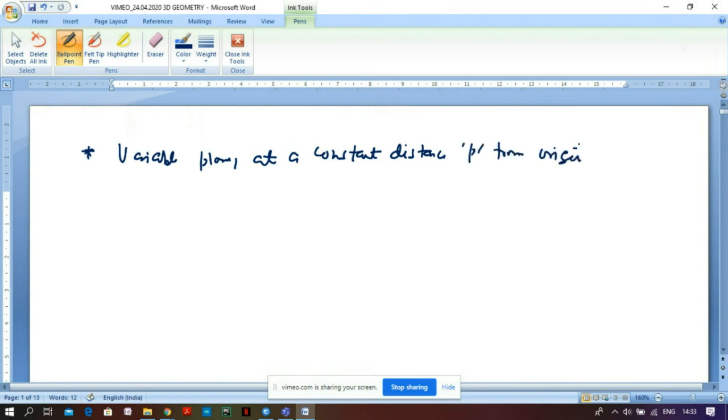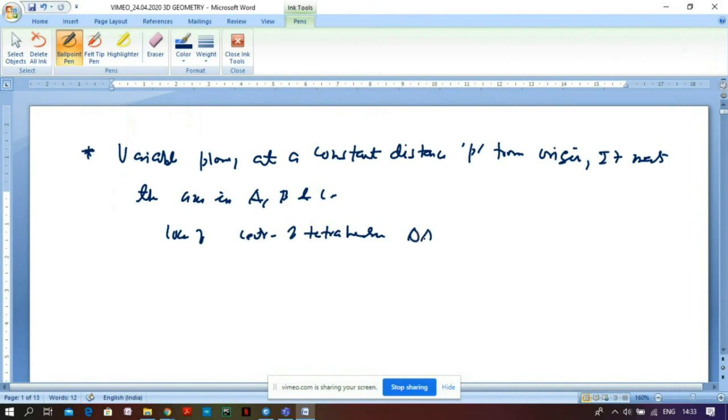So it means there is a plane which is at a constant distance p from origin, and it meets the axes in A, B, and C. So I can make a diagram. And you want to ask the locus of the center of tetrahedron OABC.